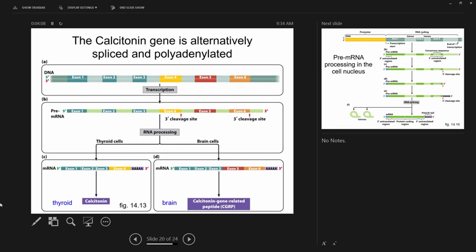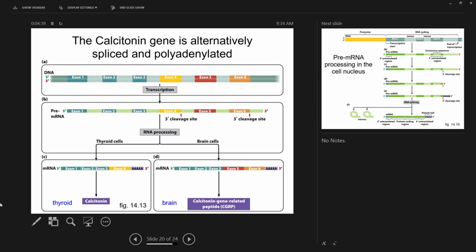So here's the calcitonin gene. You get 2 different splices, and if you get the splice for thyroid cells here, where you get exon 3 or the intron 3 after exon 3 removed, then exon 4 gets produced, and right after exon 4 there's an AAUAAA cleavage site, and so that's it.